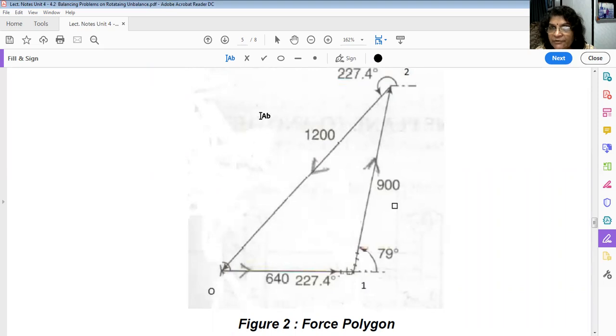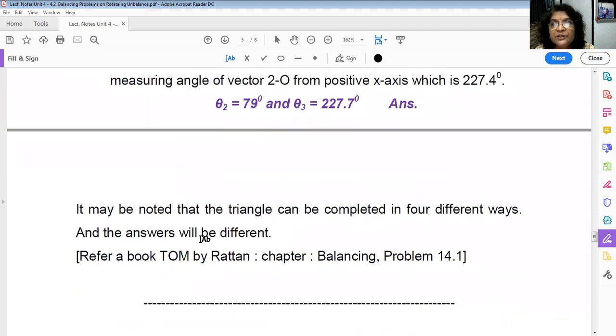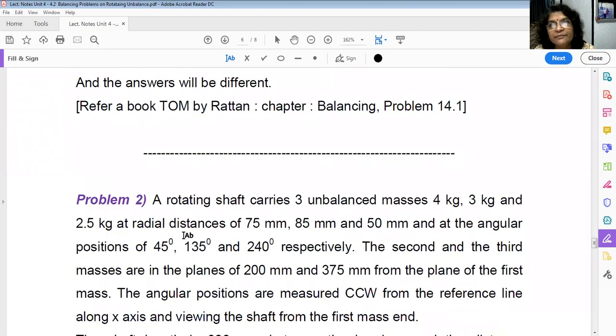So like this you will get the triangle, or here also you can get a triangle like this. 900 here, 1200 here, or 1200 here, 900. So there is no one solution. This is called an open-ended problem. There can be different solutions for balancing. You can balance this system in different ways. There are 4 possible ways. Understood? So this was a very simple problem.